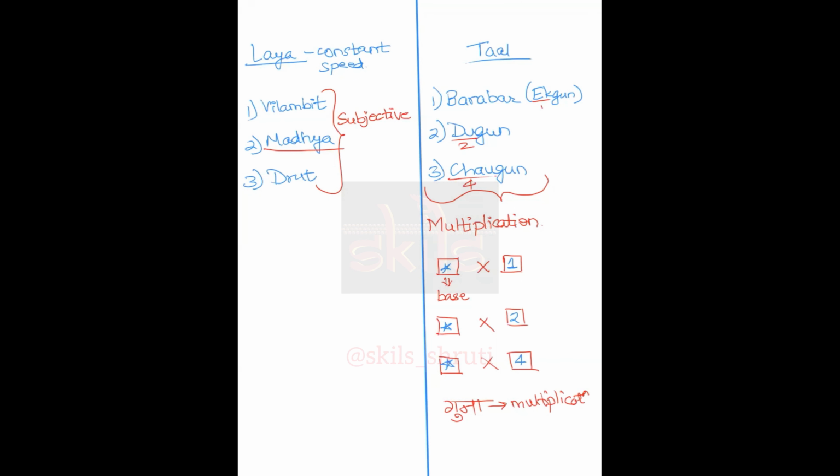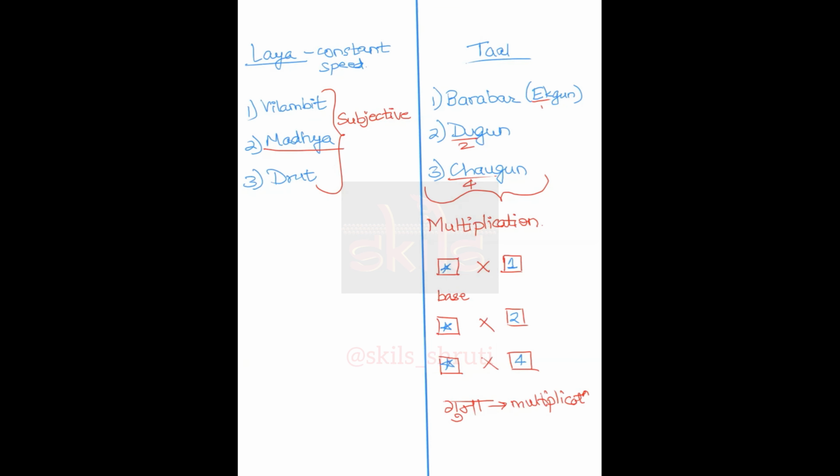So whenever you are doing your Barabar, Dugun or Chaugun, you have to understand that this base which is there is your entire foundation of whatever you are going to do. That is not going to change. Your base remains the same. Using that base, when you say into 1, you get your Barabar.